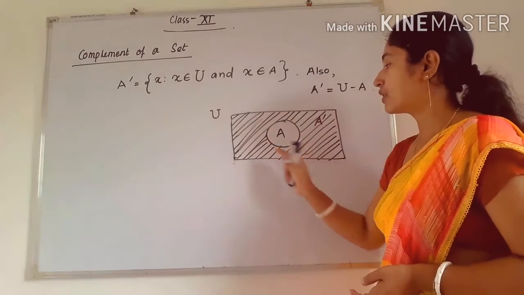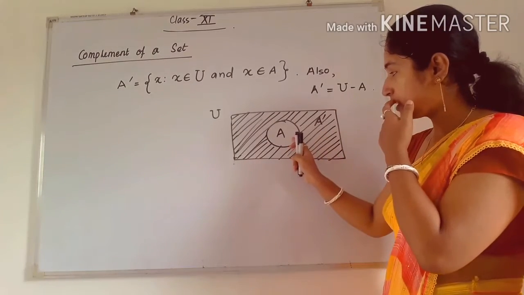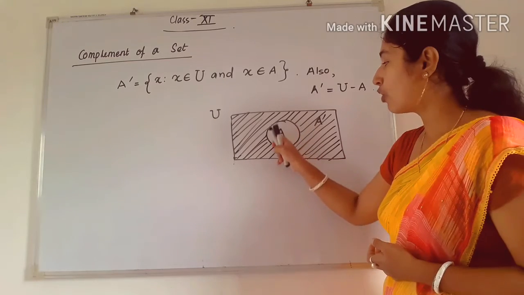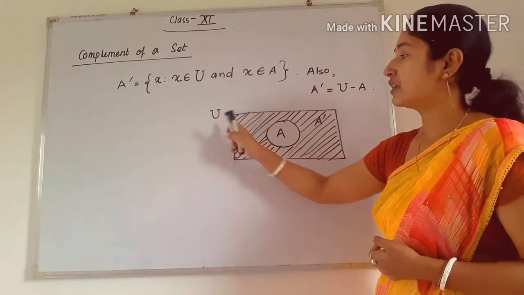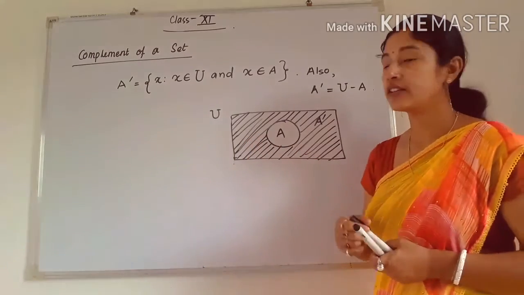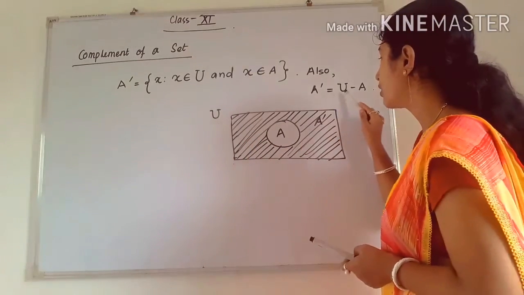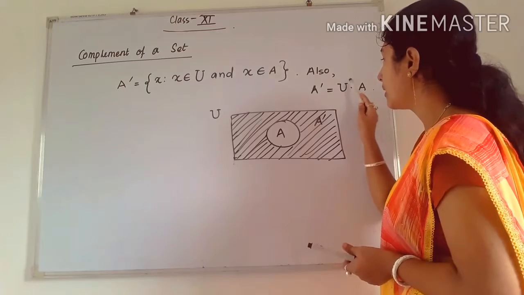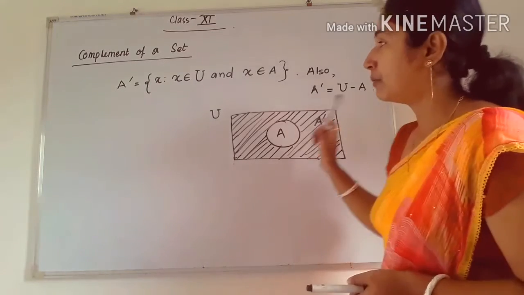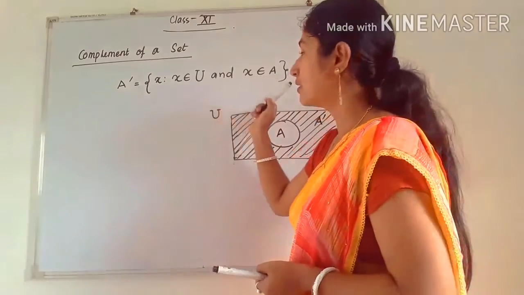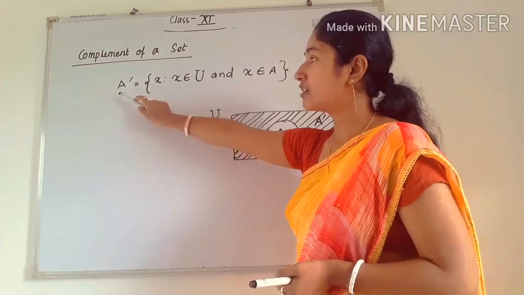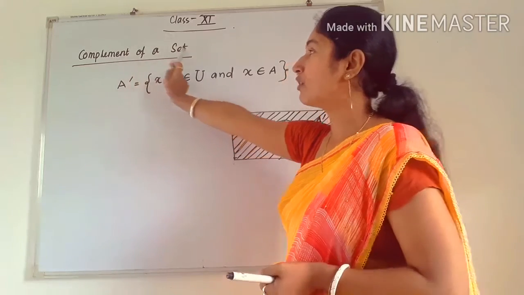See, this is the universal set, this is set A. What is the complement of a set? The complement of this set is the elements which are not present in A but present in U. If we define using difference, then we can write A dash is equal to U minus A. That means the elements which are present in U but not in A. In set builder form, A dash is the representation of the complement of a set.